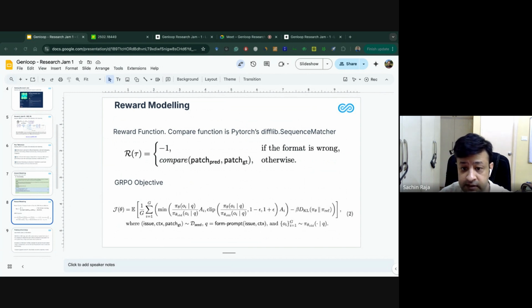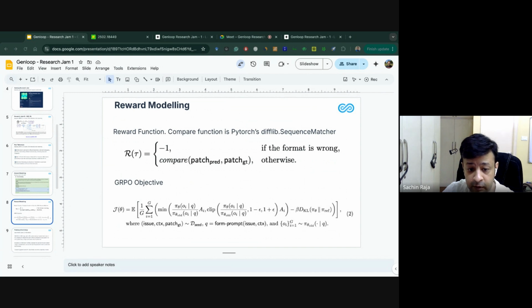So, what happens is that for a particular context, we are basically generating G different samples in a group, and we compute reward for each of them. And then we basically normalize them so that the mean becomes 0. So what it means is that on average, there will be some generations which will have negative reward, while some generations will have positive reward.